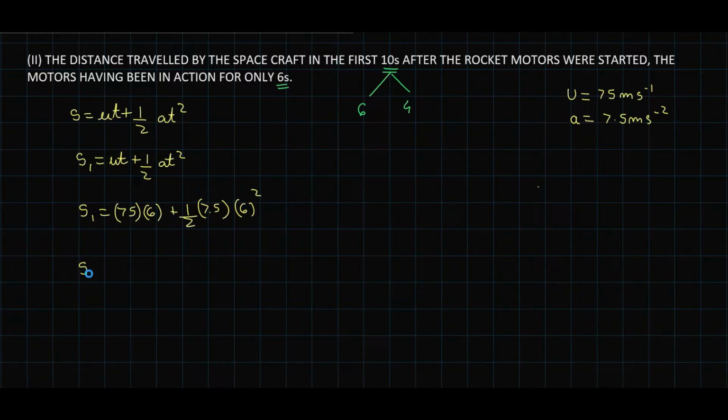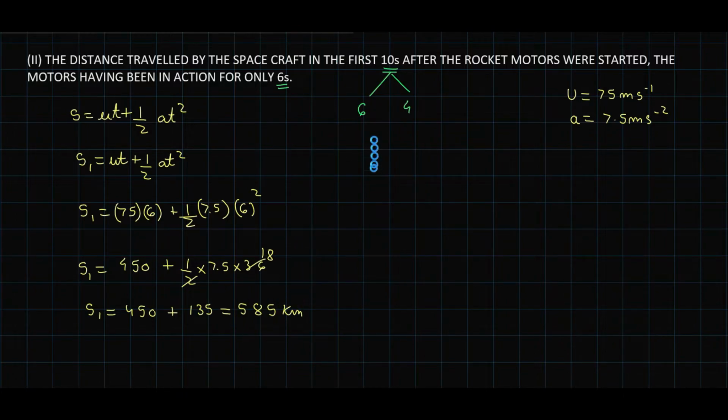If we solve this, 75 times 6 gives 450, plus half into 7.5 into 36. Now 36 cancels out by 2, 18 times. So S1 equals 450 plus 7.5 times 18, which gives us 135, which equals 585 kilometers. So the distance traveled in the first 6 seconds is 585 kilometers.